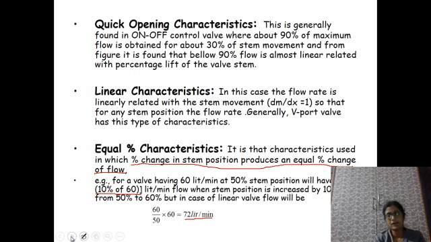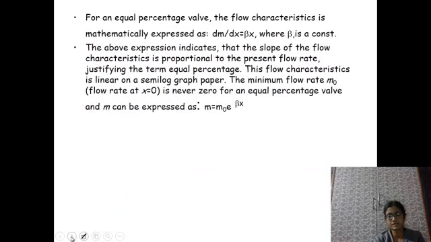Mind that all these characteristics I am explaining here in terms of inherent characteristics or ideal characteristics. That means this is considering the valve only. For an equal percentage valve, the flow characteristics is mathematically expressed as dm/dx equals beta into m.